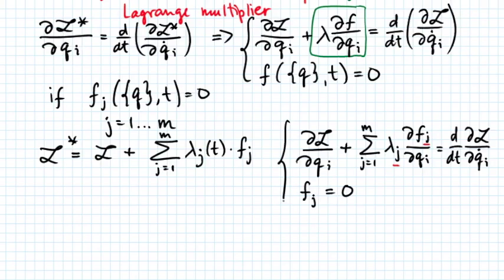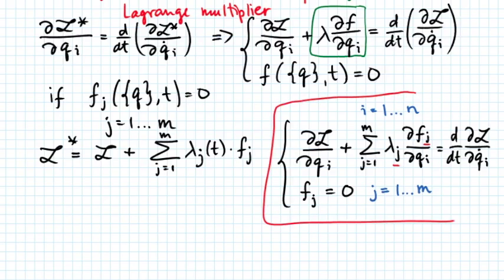So we will have n differential equations since i goes from 1 to n, and m constraints since j goes from 1 to m. Solving this now gives us the equations of motion of a system subject to m holonomic constraints.